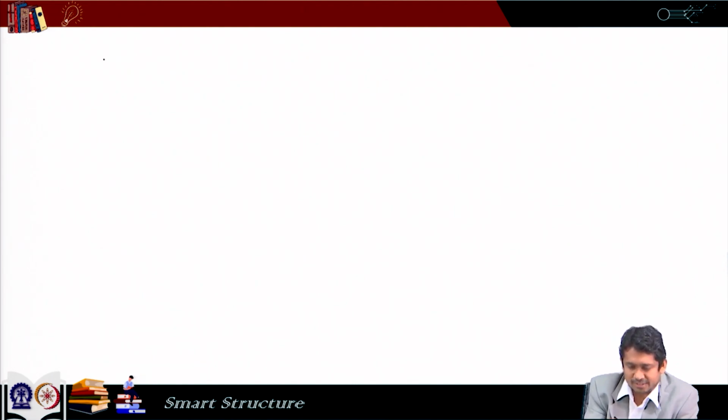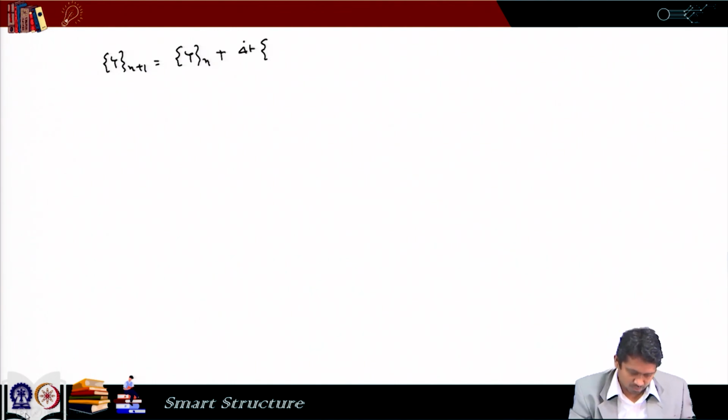By the forward difference scheme, y at n plus 1 is equal to y at n plus delta t multiplied by y dot at n.